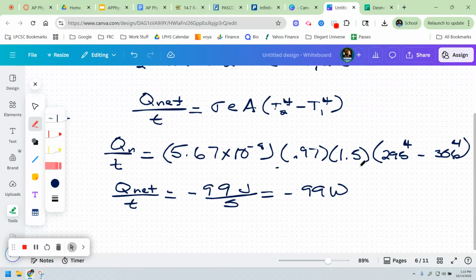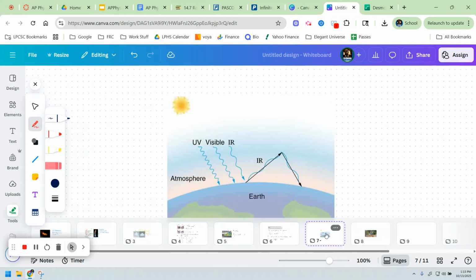Okay, so let me do one last thing. I want to talk about this just briefly. The greenhouse effect really has to do with how the Earth's atmosphere processes the light from the sun, very similar to a greenhouse.